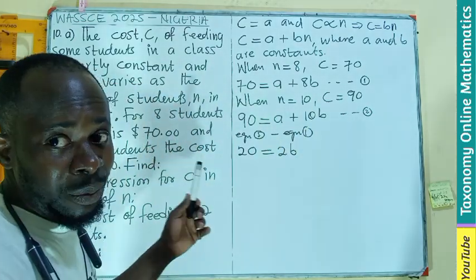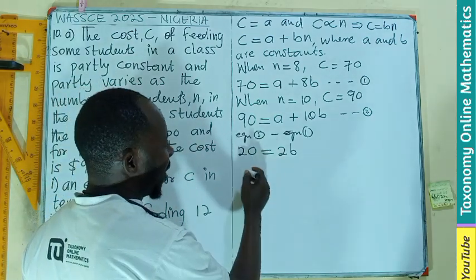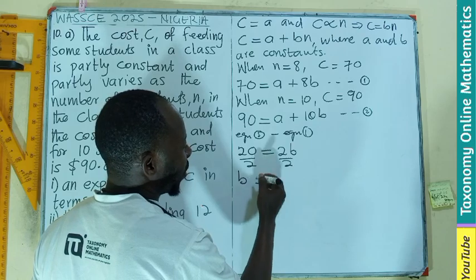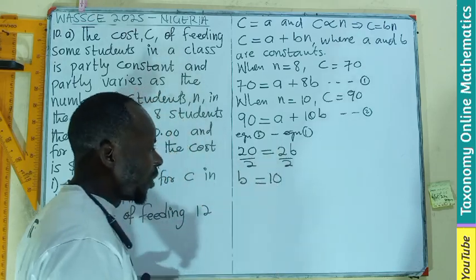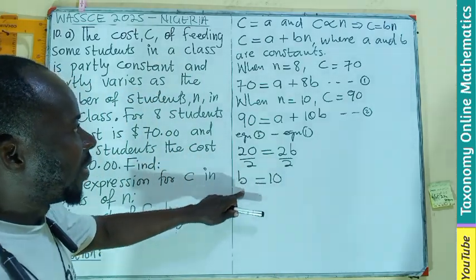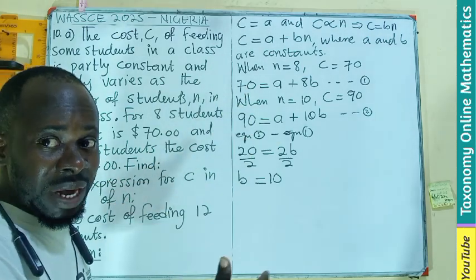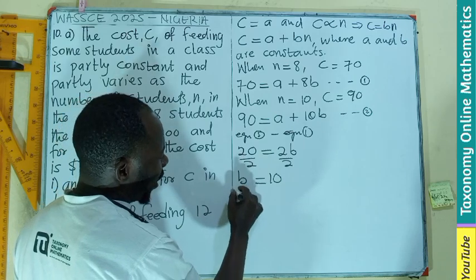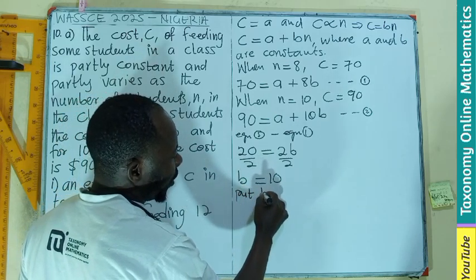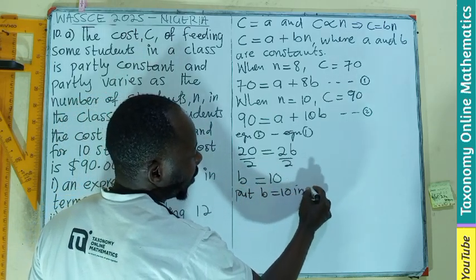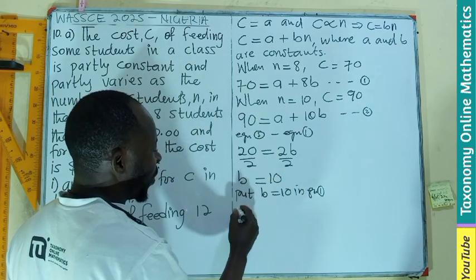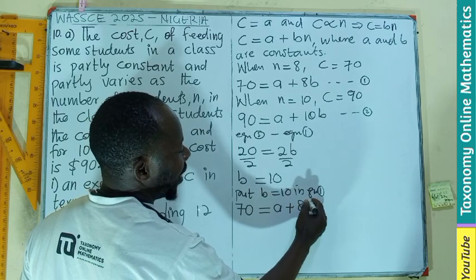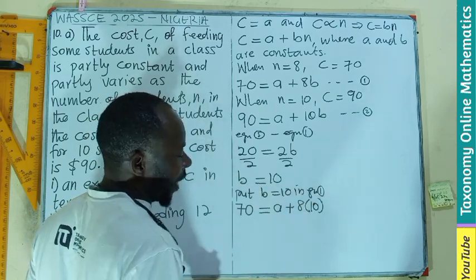So we can easily eliminate the coefficient there by dividing through by 2. That makes B equals 10, right? So B is going to be 10. Now, if this is put into any of the equations, we can also find that of A. So let's put B equals 10 in equation 1, which is going to be 70 equals A plus 8 times B, which is 10.